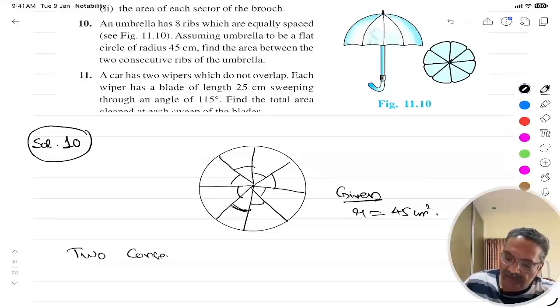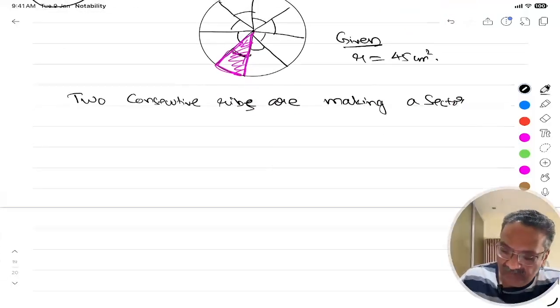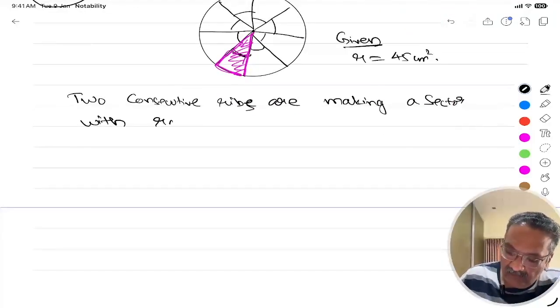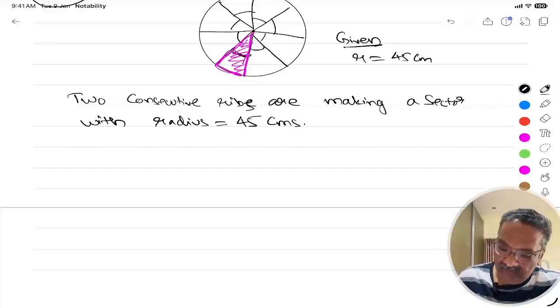That means this is one rib and this is another rib, right? What are these two doing? The two consecutive ribs are making a sector, all right, with radius equal to 45 centimeters. All right. Now we have to find the theta.